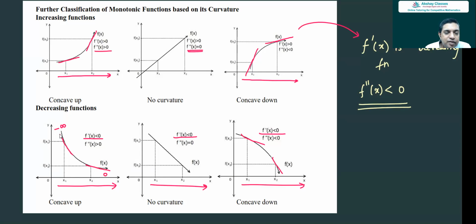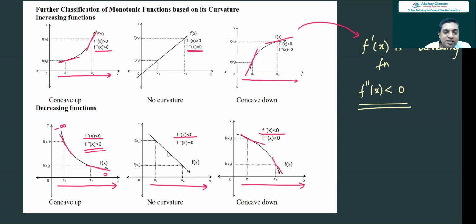So the slope is changing from a numerically large negative value to a numerically small negative value. Minus 100 is much smaller than minus 1. So actually the values are increasing. So f dash x is an increasing function. Therefore, f double dash x will be positive.